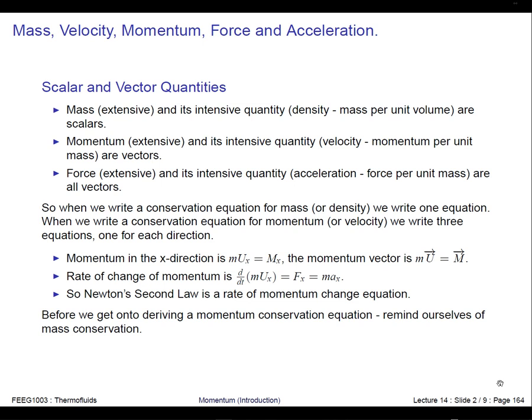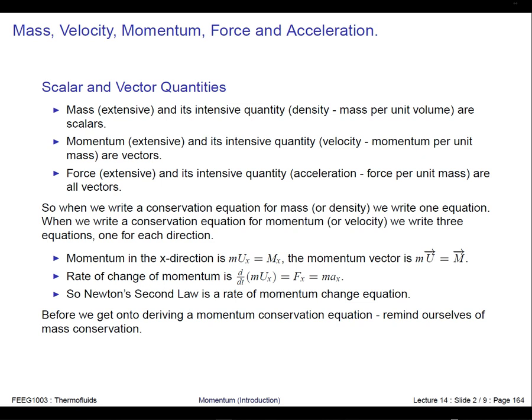Okay, so just to set the scene a little bit, when we're using the Reynolds Transport Theorem, we take an extensive variable in the Lagrangian frame, and we write an Eulerian conservation equation for the intensive version of it. We did this in the previous lecture for mass.